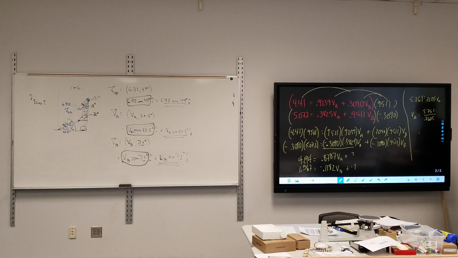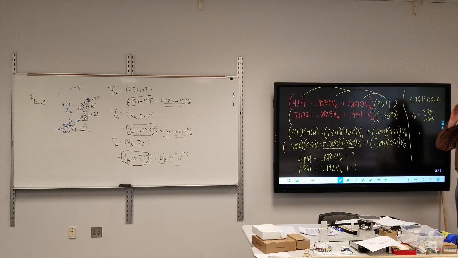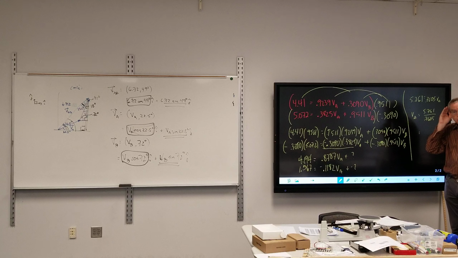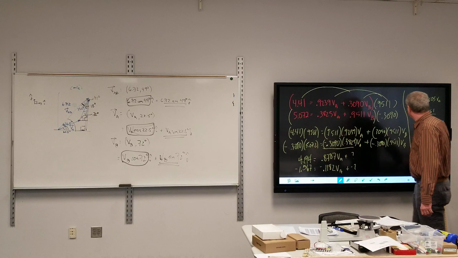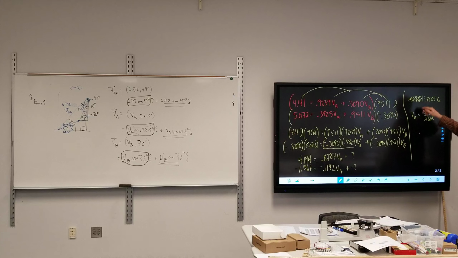Isn't the first number for the second equation supposed to be negative? Say it again? Isn't the first number for the second equation supposed to be negative? Oh, yes, that should be, so thank you, but that number's wrong.